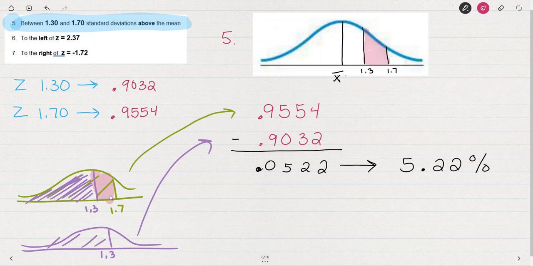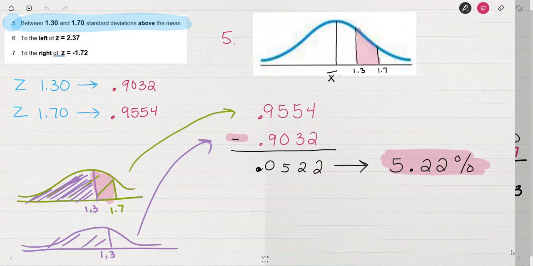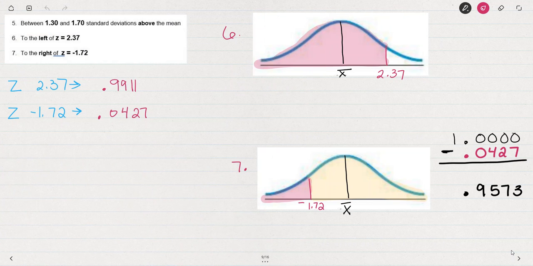So that's the difference, and that's why I'm going to subtract. When I subtract the decimals, I get 0.0522, and converting that to a percent, rounded to the nearest hundredth, it's 5.22%.